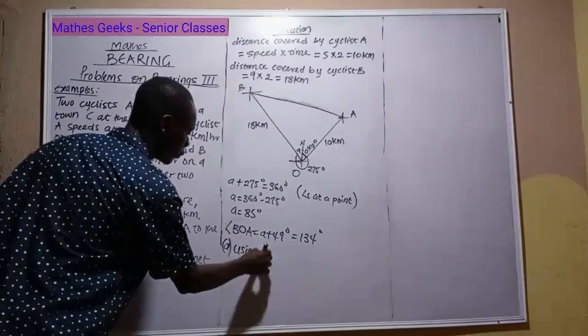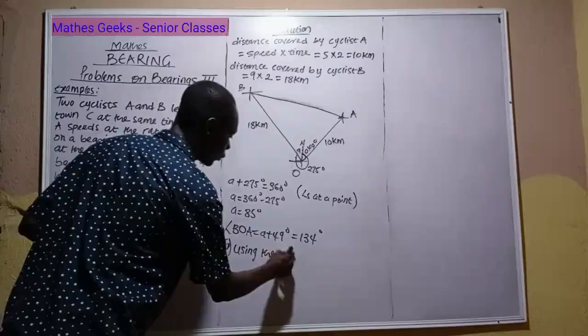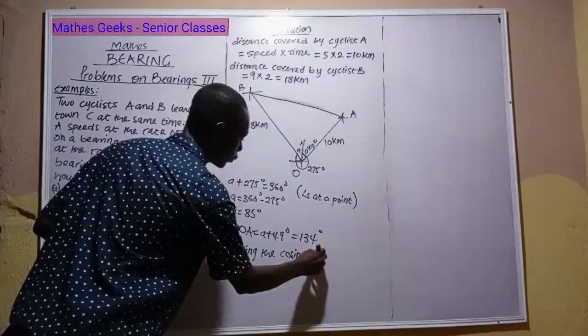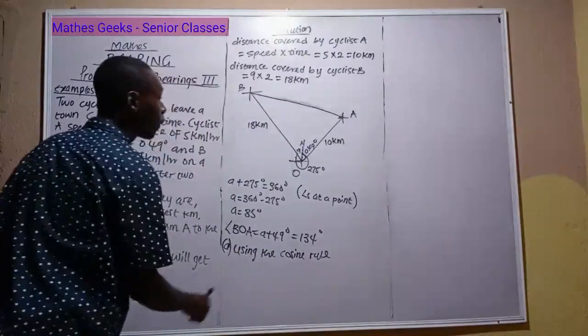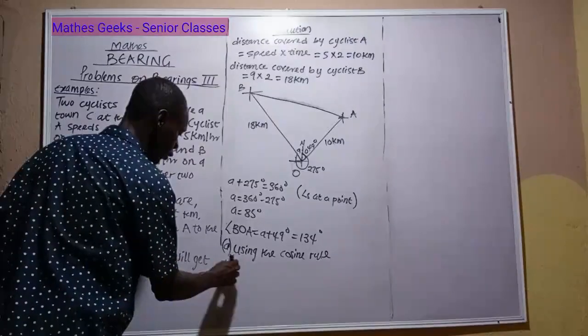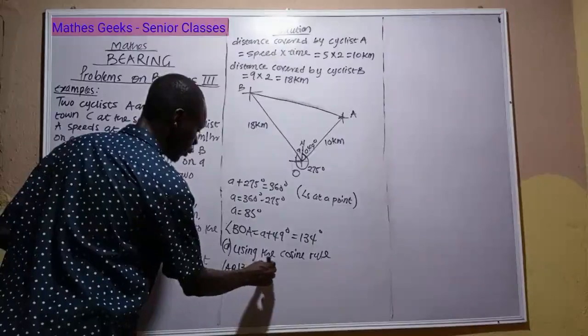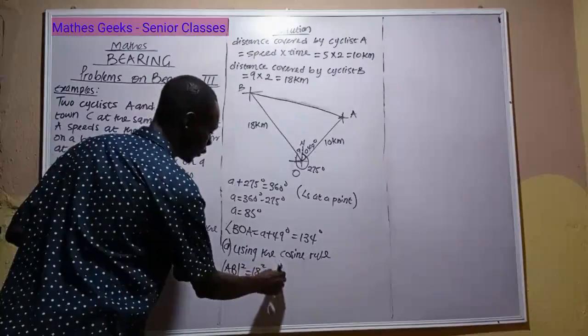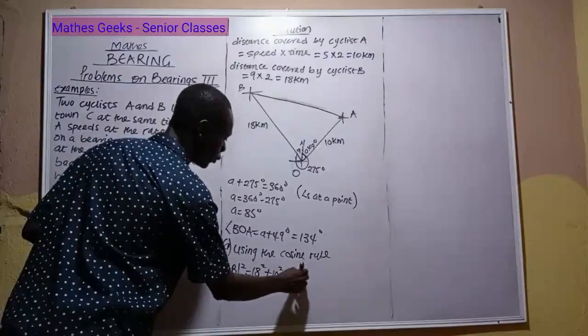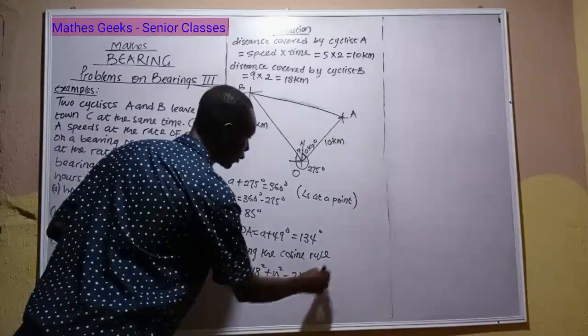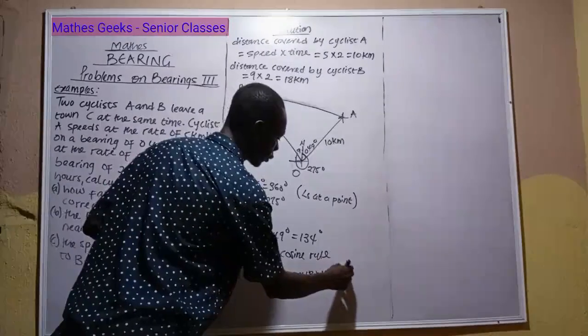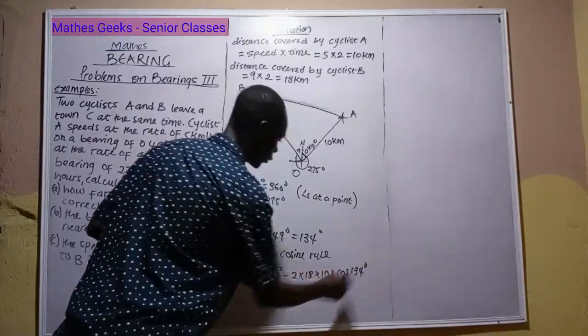So using the cosine rule, line AB squared is equal to 18 squared plus 10 squared minus 2 times 18 times 10 times cos 134 degrees.